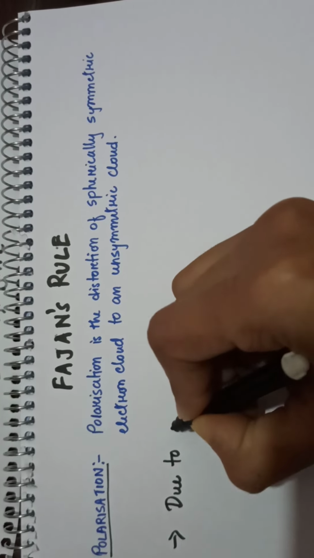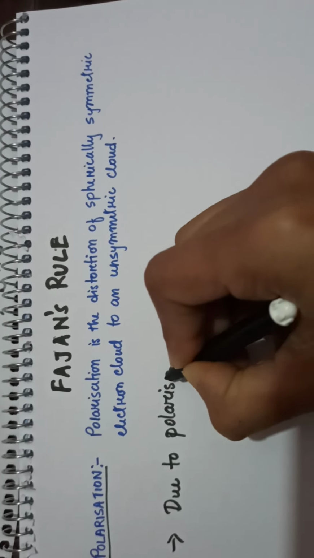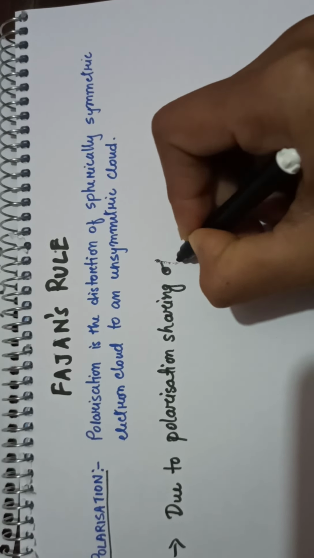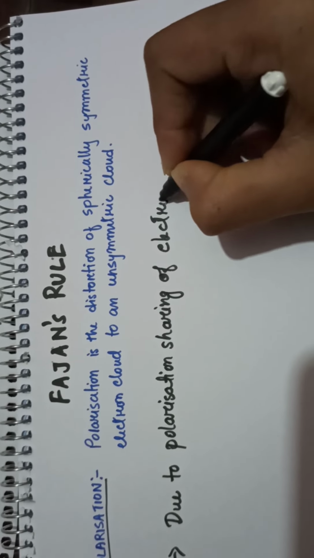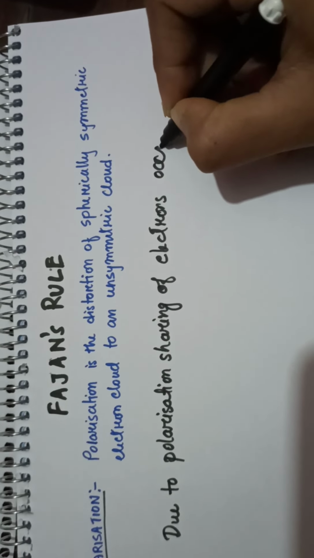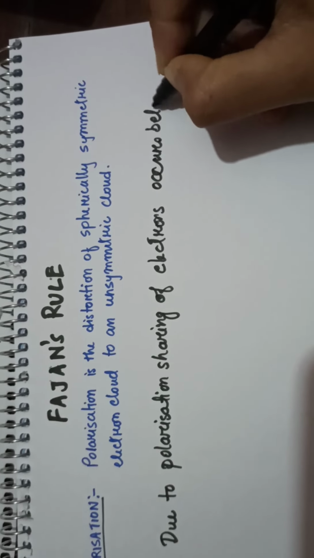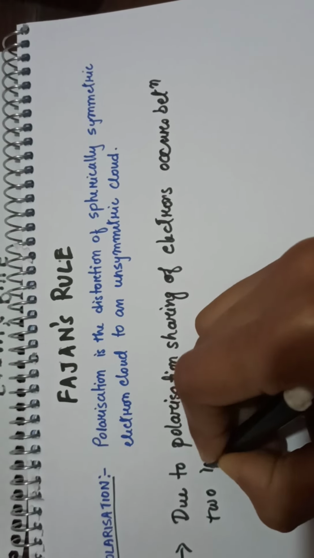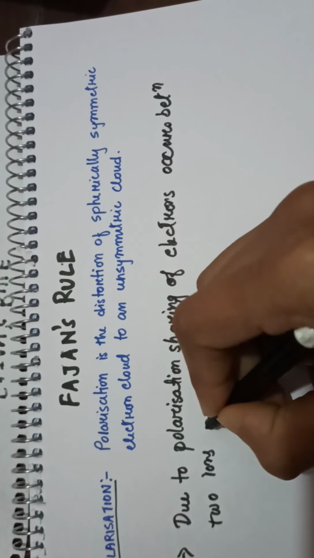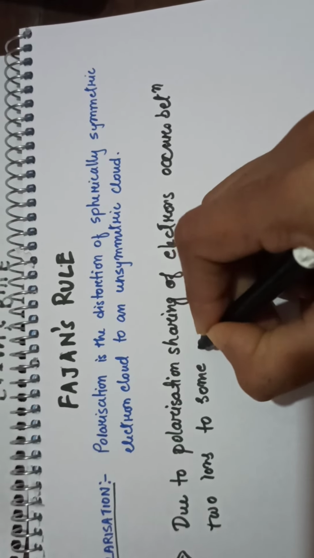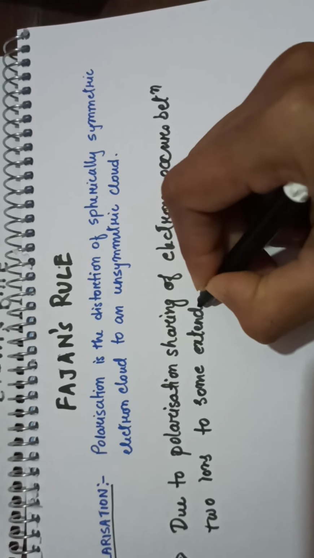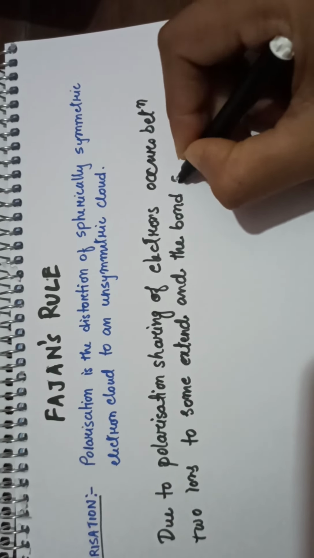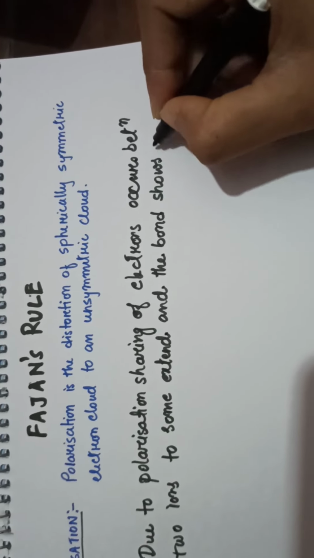Due to polarization, sharing of electrons occurs between two ions to some extent, and the ionic bond shows covalent character.